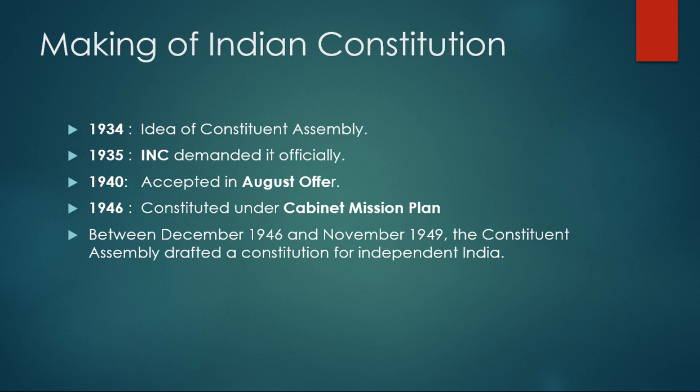This was a period of around 3 years, during which all the members of the Constituent Assembly met and wrote the Indian Constitution that would be applicable for independent India. Around 296 members were responsible for writing the constitution, and they took around 3 years to write it.